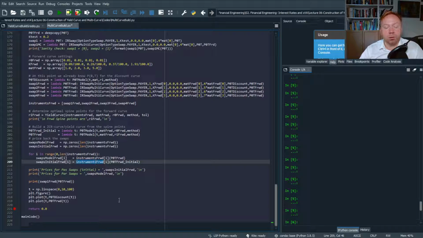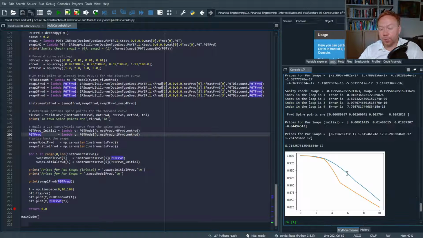We will iterate over the whole instrument vector and use this new yield curve as an input to calculate the value of each. Of course, the discounting part is handled, so we will only use the forwarding curve, and then we will plot the values of those swaps.